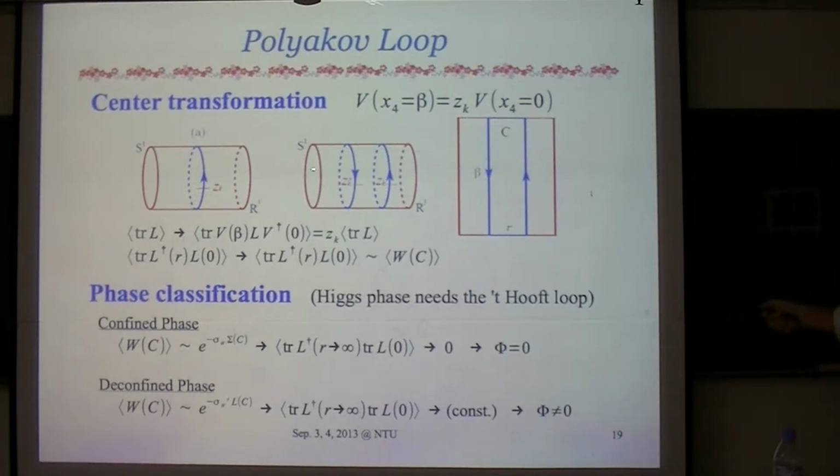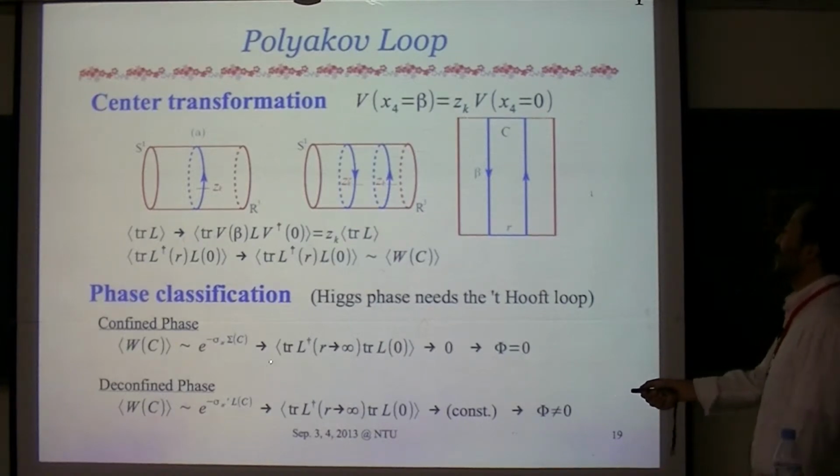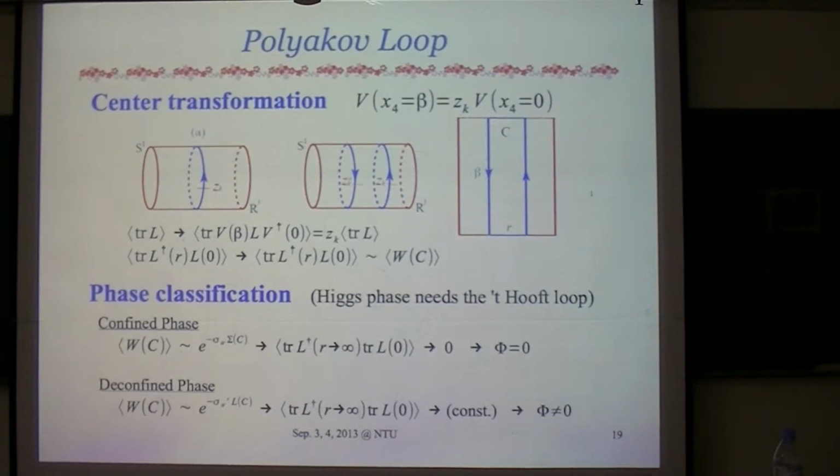But if you expand this compactified manifold in this way, then this is nothing but the Wilson loop, right? So this corresponds to the expectation value of the Wilson loop. And we know that in the confined phase, the Wilson loop expectation value should obey the so-called area law. And indeed, that is the case in the confined phase.